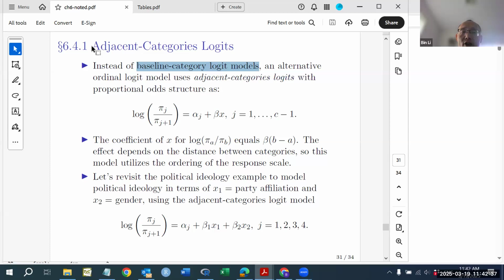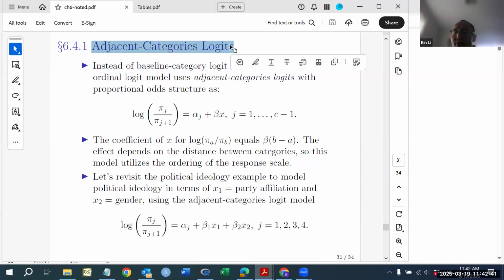One of them is called adjacent category logit. That idea is very intuitive, because for the baseline category logit model, why do we have to compare with a baseline group? Why not compare with other groups? I don't have a baseline group, I want to compare with others. That's fine. So one of the approaches is called adjacent category logits.